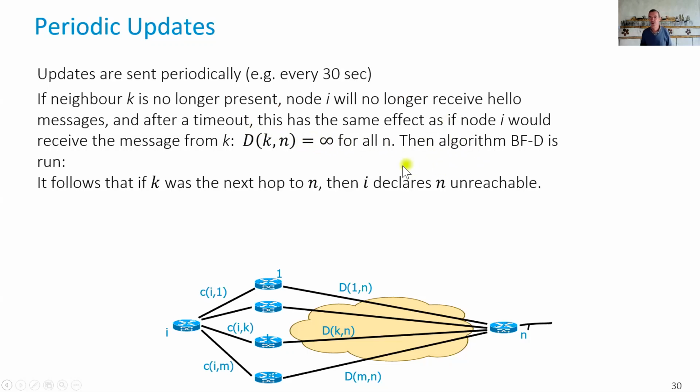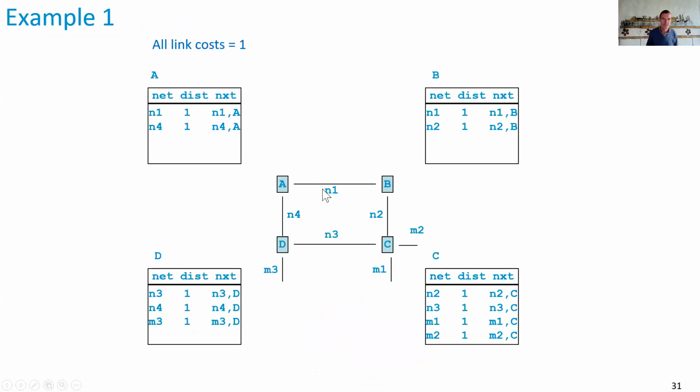And then we will rerun Bellman-Ford based on that. So it follows that if K was the next hop to the destination, then I declares the final destination unreachable, because remember, distributed Bellman-Ford adopts whatever decision comes from the next hop without comparing to the others.